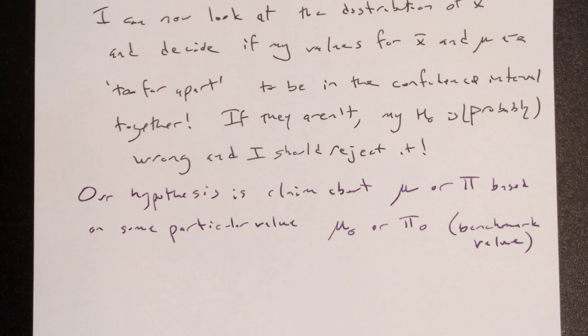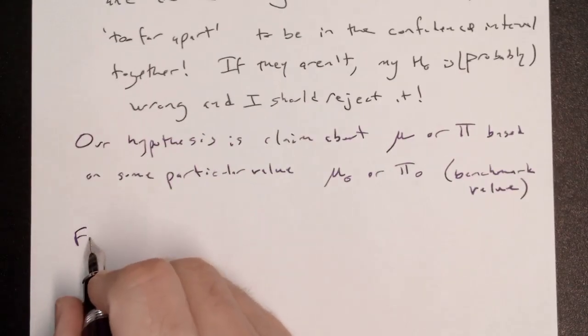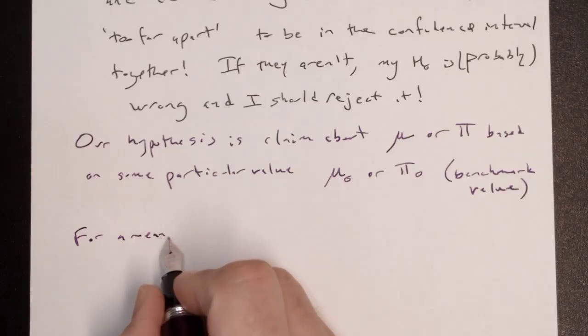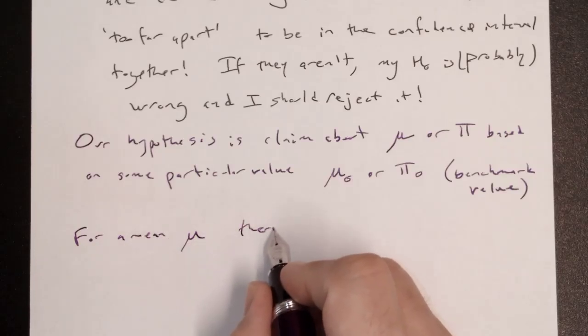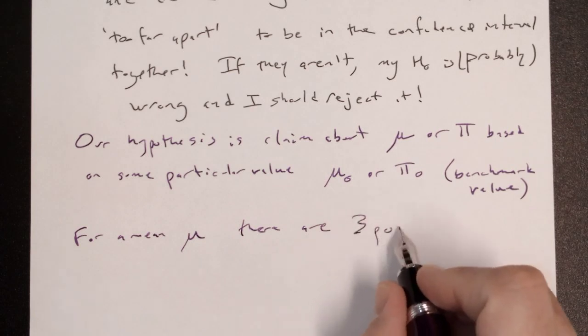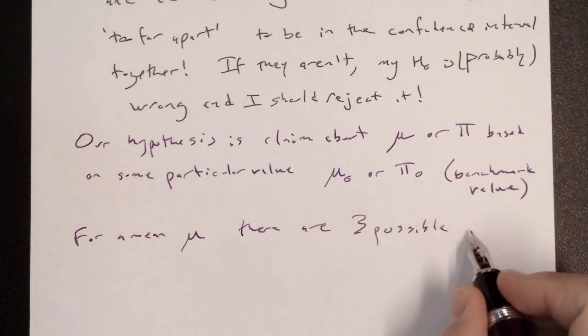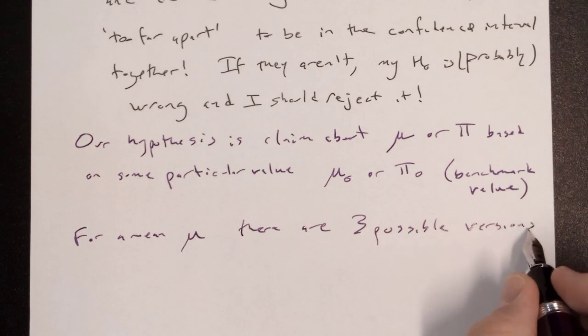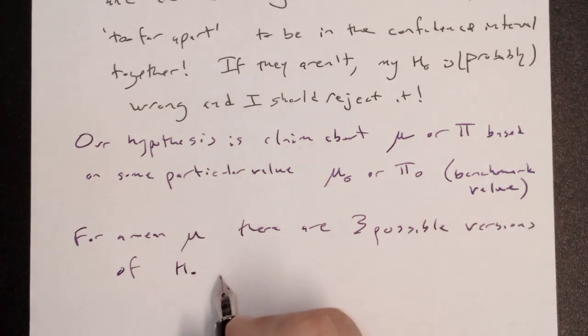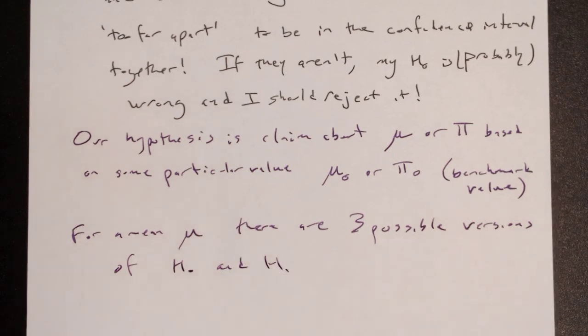That means that for my parameter value, I can figure out a choice for our null hypothesis. And we're going to start with means. For a mean mu, there are 3 possible versions of H naught and H1, the null hypothesis and its alternate.